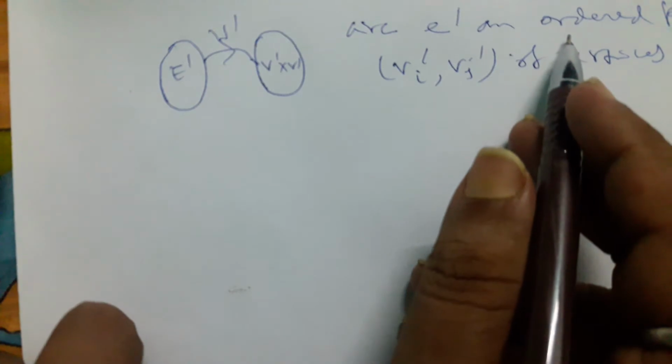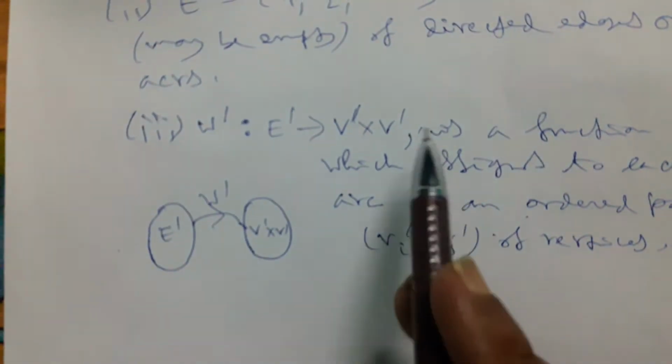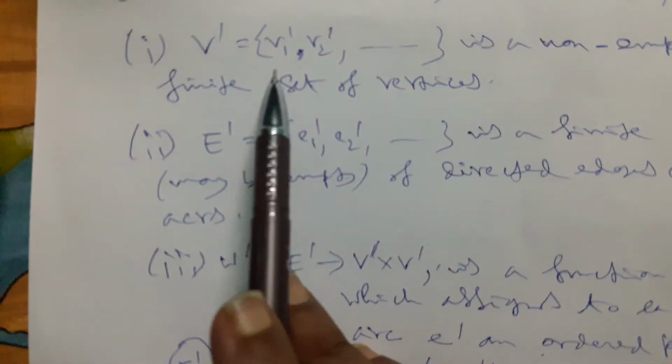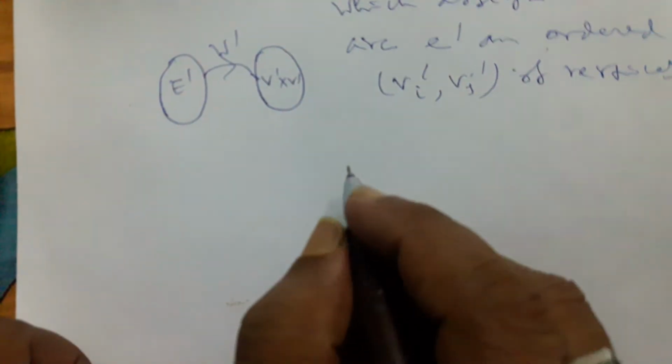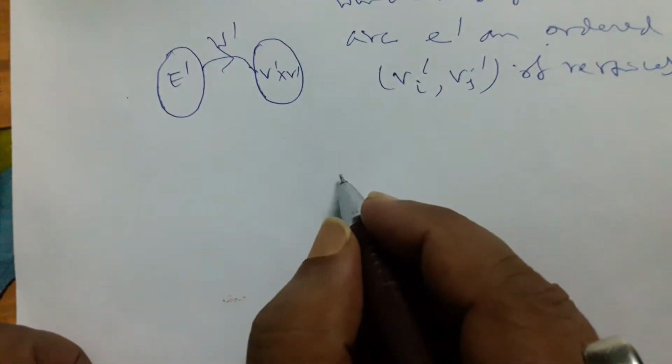Already we discussed the primary three conditions, which are crucial for defining what a digraph is. Now we consider a figure at first.